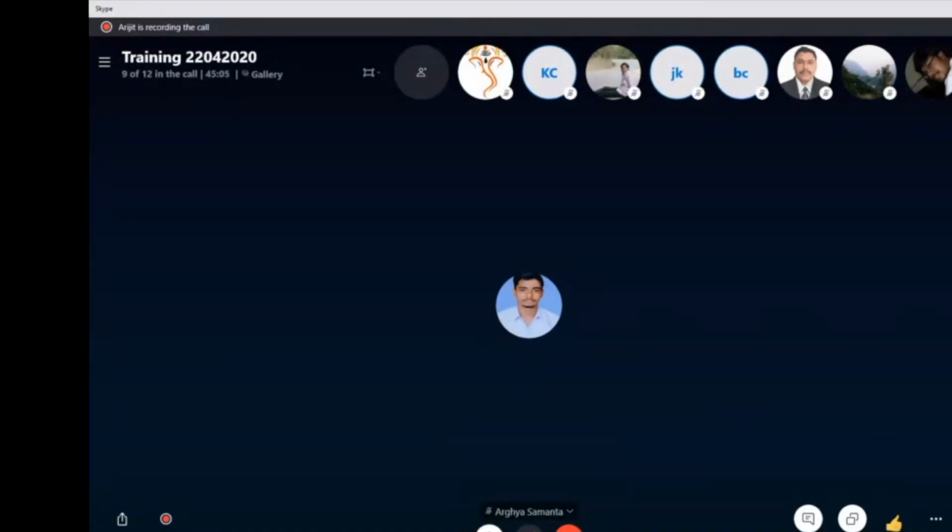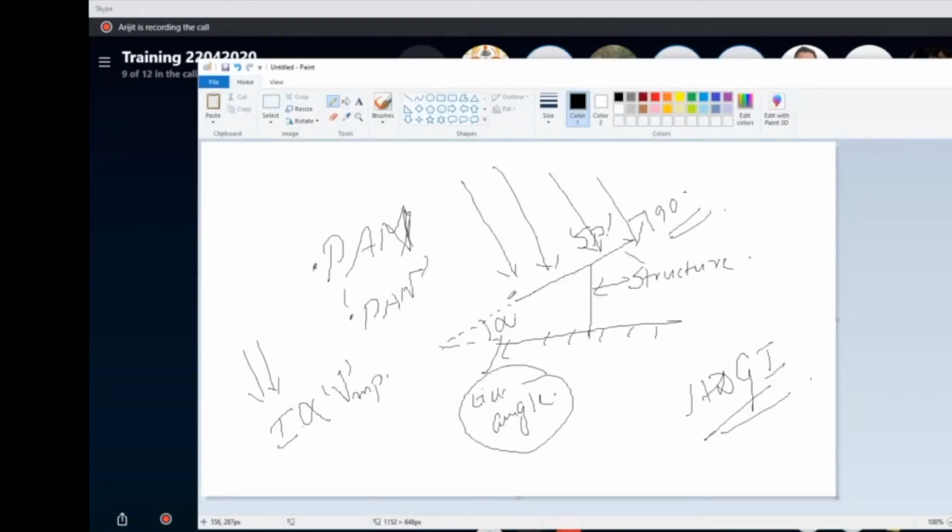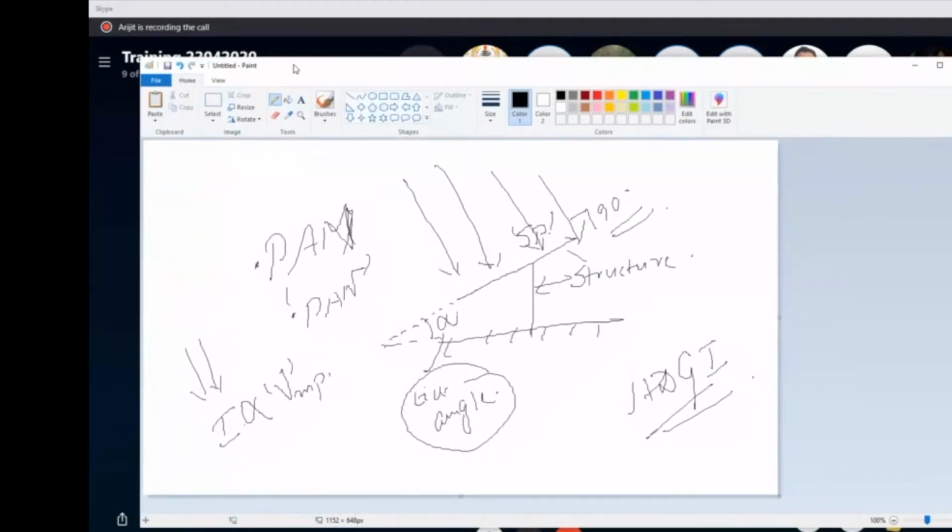So as we were explaining, guys, everyone can see my screen, right? If not, please mention on the chat box. Okay, so if we are talking about the tilt angle, we can see that this is the tilt angle we are talking about.